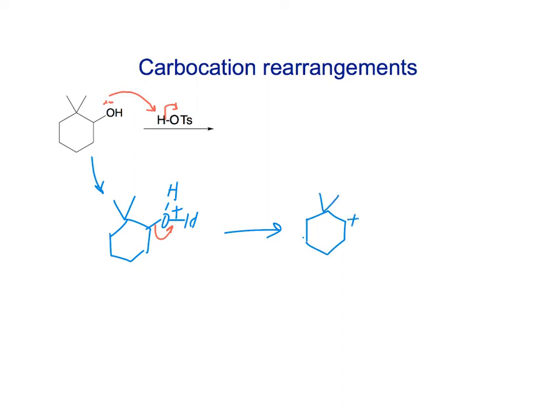Now, because we have such a highly substituted center adjacent to that carbocation, right, this one is secondary, in this case, we can have a methyl group shift, a 1,2 methyl shift, which leads to a more stable tertiary carbocation.